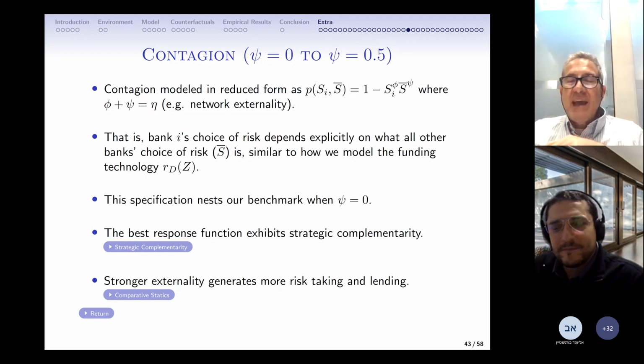So I kind of think about that as, is there some form of contagion in the model? What other banks are doing, SVB is here in S-bar, and what my bank is doing, was it Signature Bank?